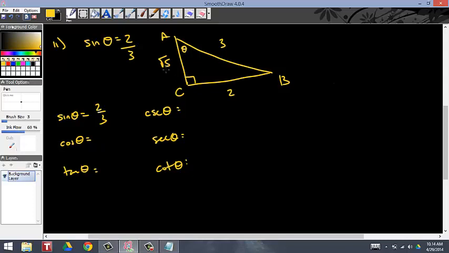Cosine is adjacent over hypotenuse, so that's rad 5 over 3. Tangent is opposite over adjacent, so 2 over rad 5. If I wanted to rationalize it, it would be 2 rad 5 over 5. And then everything else is flipped upside down, so 3 over 2, 3 over rad 5, and rad 5 over 2. This would be 3 rad 5 over 5, if I wanted to rationalize.